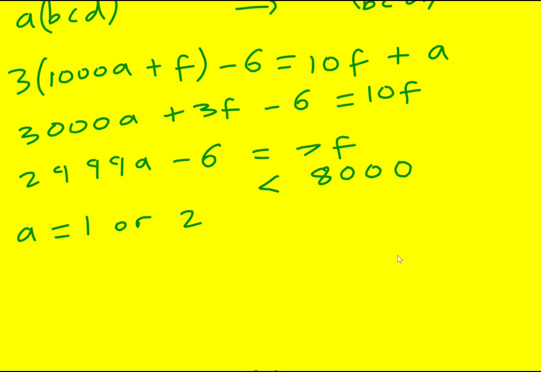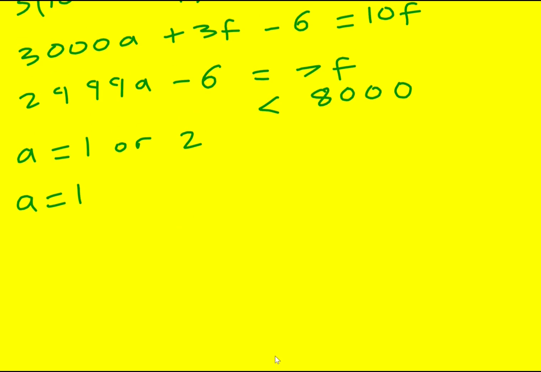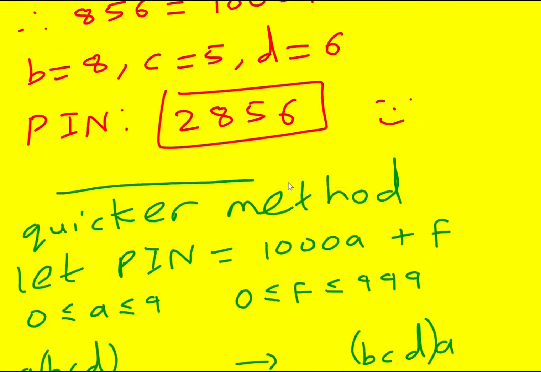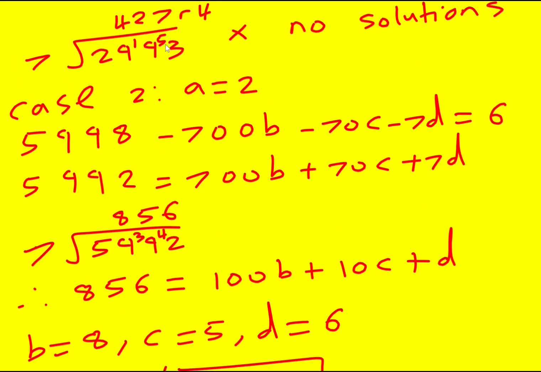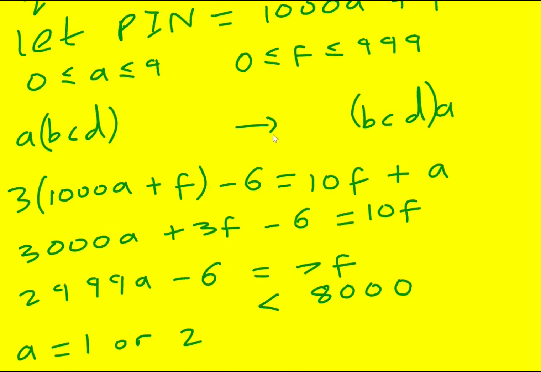And at this point, we can then just look at the two cases. A equals 1. Do you know what? I'm just going to carry on with it. A equals 1. So that would give me 2993 equals 7f. And from that, you do the division in the same way and see that it doesn't work.